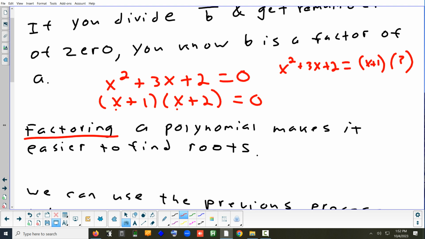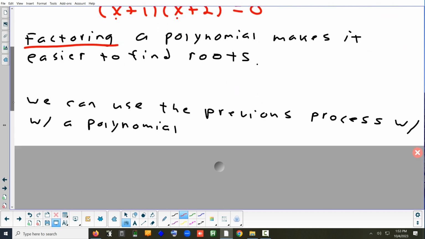What could you do to figure out the one you don't know? Just like we did with the 12 and the 3. Yeah, divide x squared plus 3x plus 2 by x plus 1. If you divide each side by x plus 1, you'll get the factor that you're missing. And that's what I'm going to show you how to do right now: how to divide when it's a polynomial and not necessarily a number.